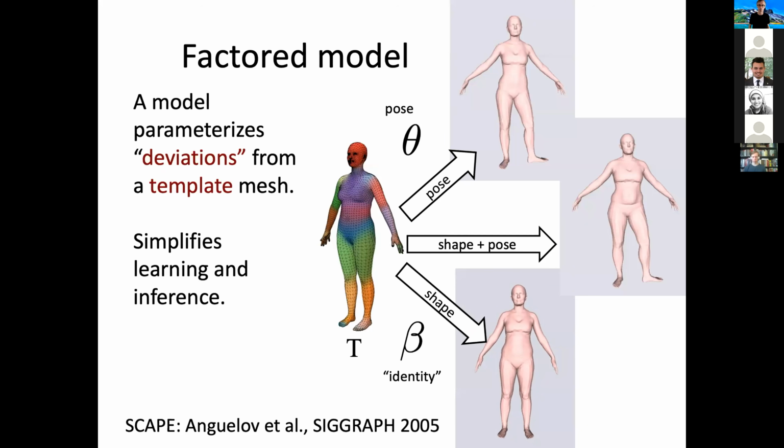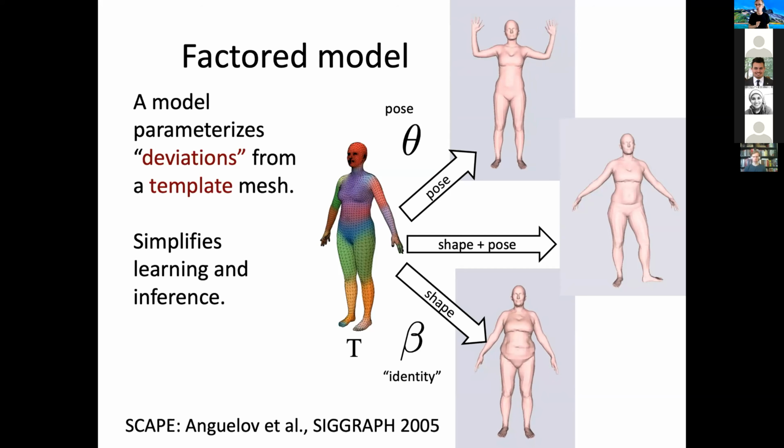And the idea we're going to follow is based on Anguelov's model of SCAPE. SMPL is based on that same idea, and that's the idea of factoring. So we're going to take a mean template shape T, and we're going to factor changes in pose. So you see at the top here, a woman changing pose, but her identity should always be the same. She should look like the same woman, even though her pose is changing. Okay?